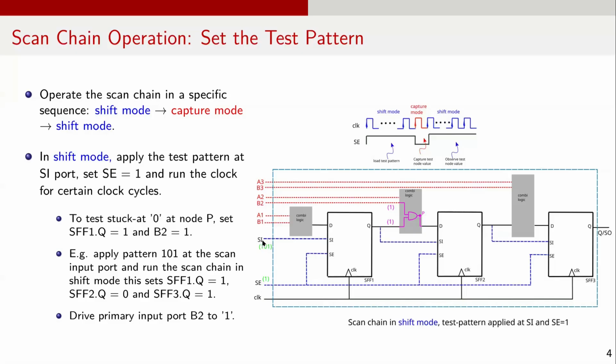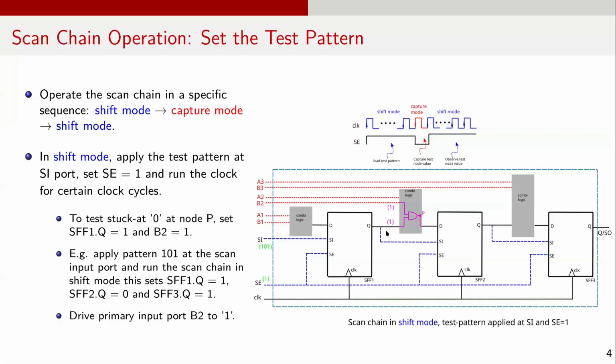This makes the values at scan input port SI shift through the scan chain and appear at the Q outputs of the scan cells. Over here in this example, in order to test whether node P in the AND gate is stuck at 0, we should drive both the inputs of the AND gate to logic 1, where one input is driven by SFF1Q and the other input is driven directly from primary input B2.